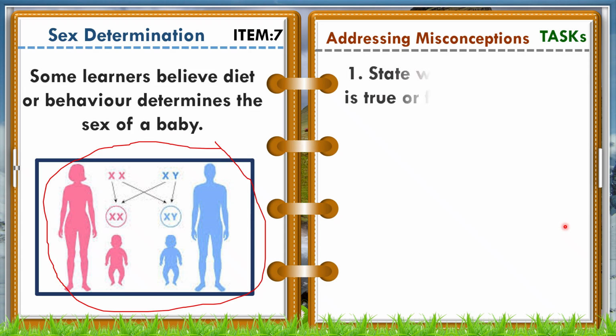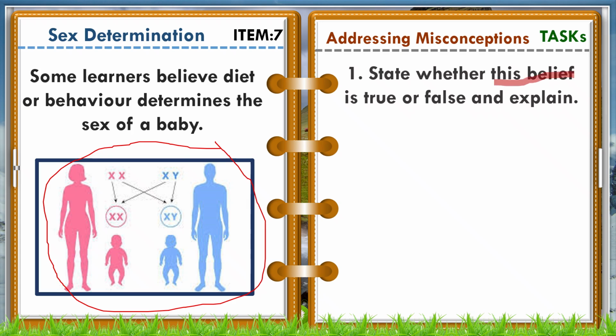Task: state whether this belief is true or false, and also give an explanation. Is this statement, where the learners believe that diet and behavior determine the sex of the baby, true or false?